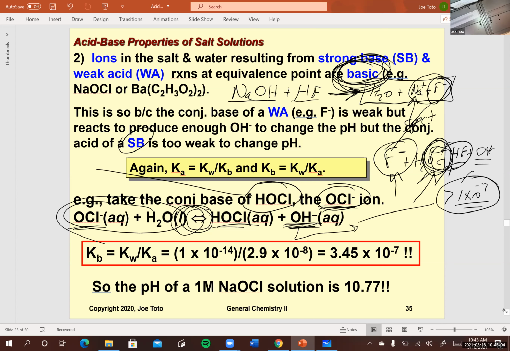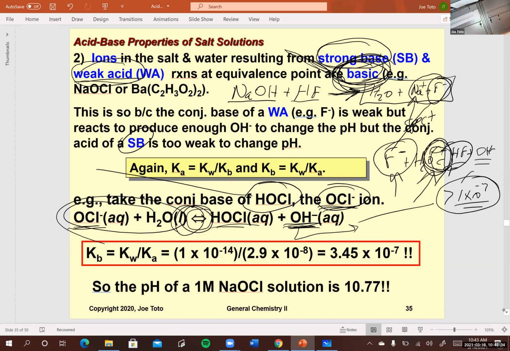So again, it's not the conjugate of the strong that matters, it's the conjugate of the weak. And a conjugate of a weak acid is a weak base, so the solution's going to be basic. Okay.